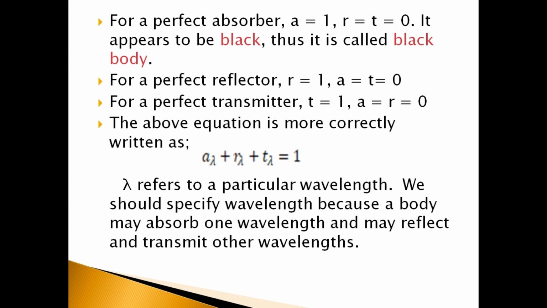Reflecting and transmitting power will tend to 0. They will not be 0, but they will tend to 0. Now, for a perfect reflector, reflecting power will be equal to 1. Absorptive and transmitting power will be equal to 0. For a perfect transmitter, transmitting power will be equal to 1. Absorptive and reflecting power will be equal to 0.